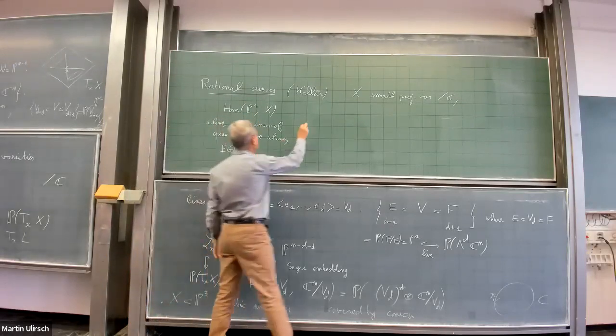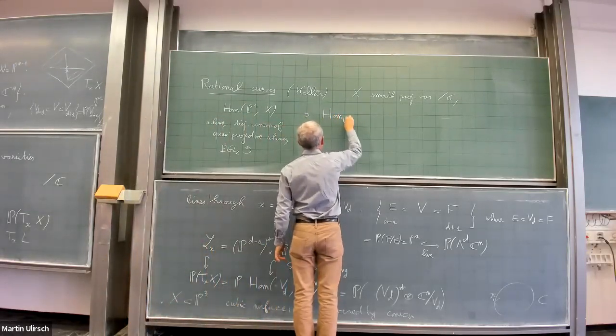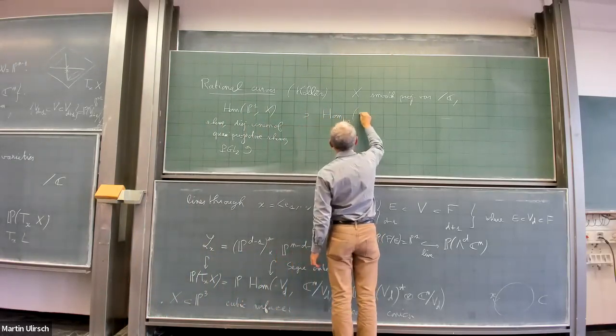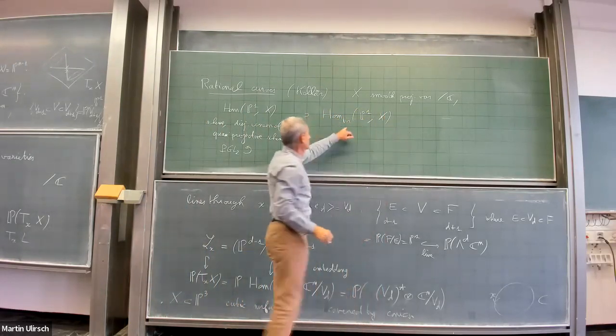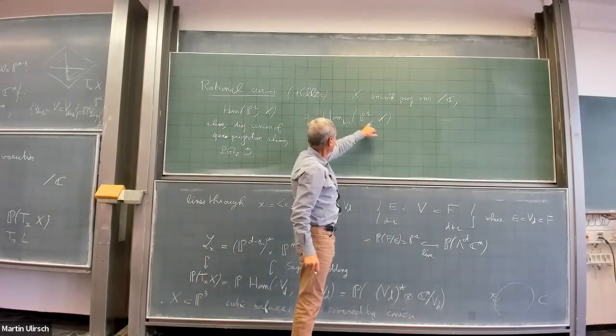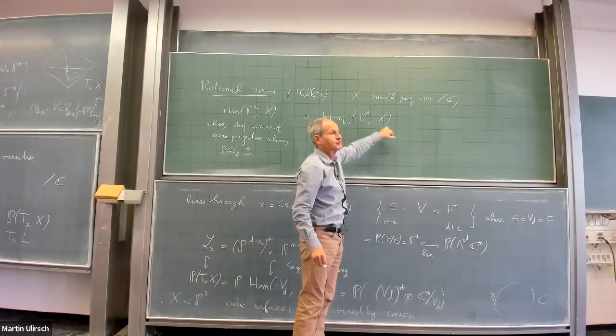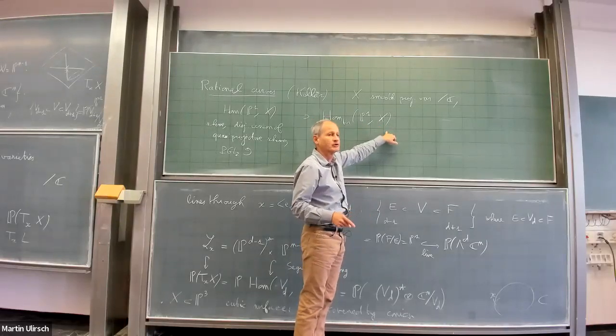And inside this, you have open subsets, which are the morphisms which are birational to their image. This means that these morphisms give you a birational map from P1 to some possibly singular curves.